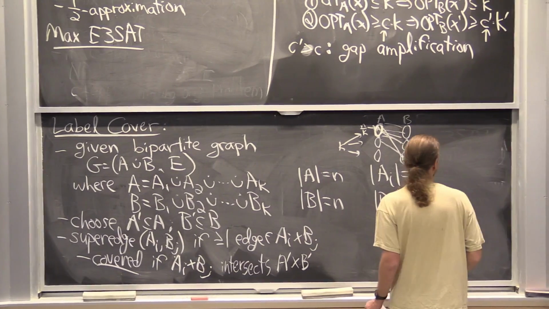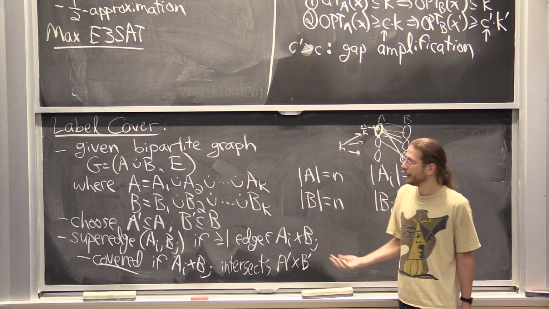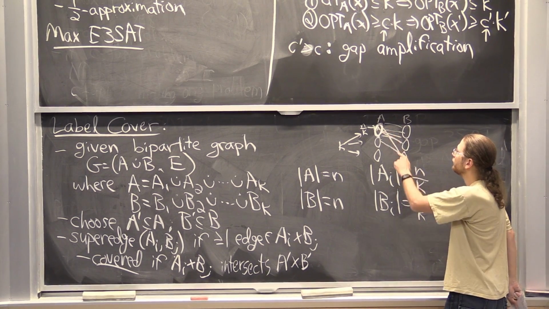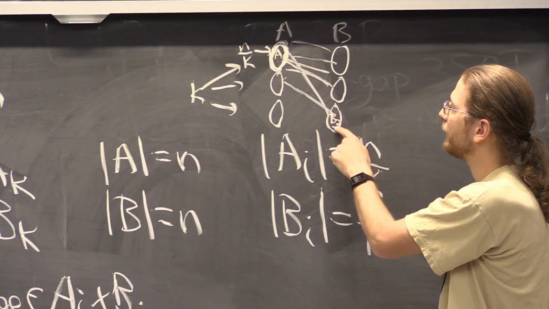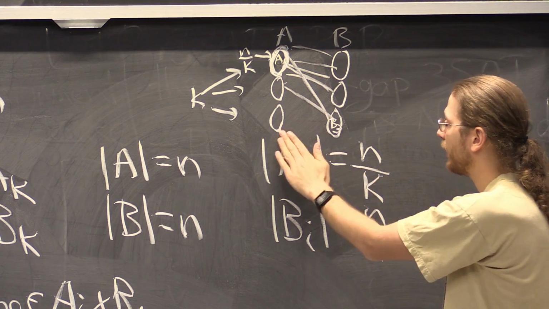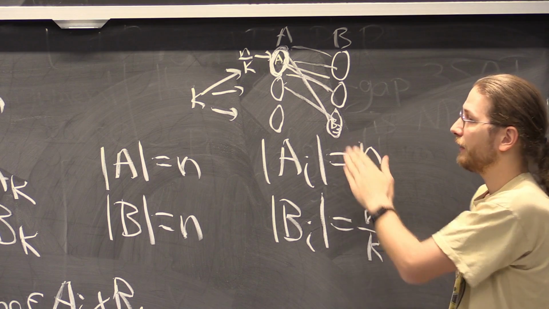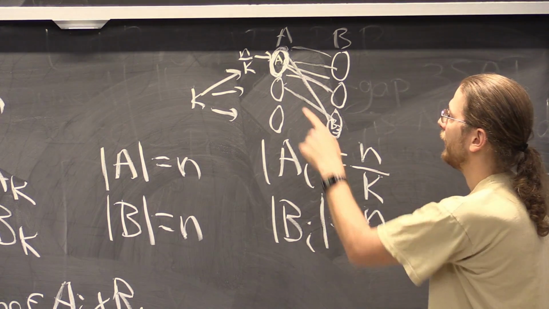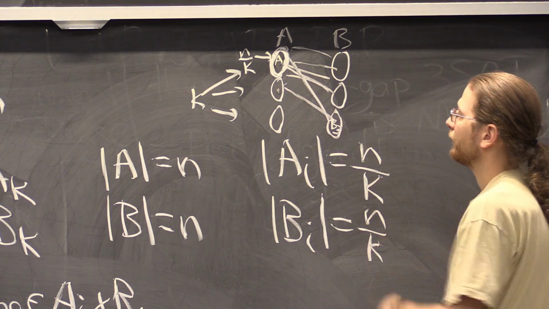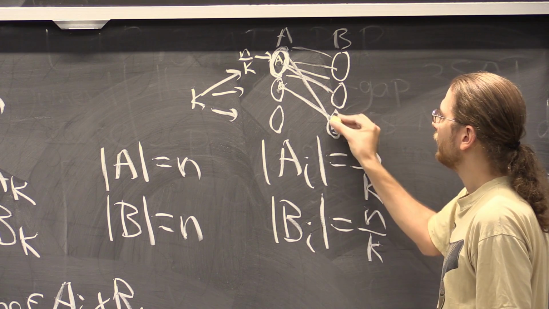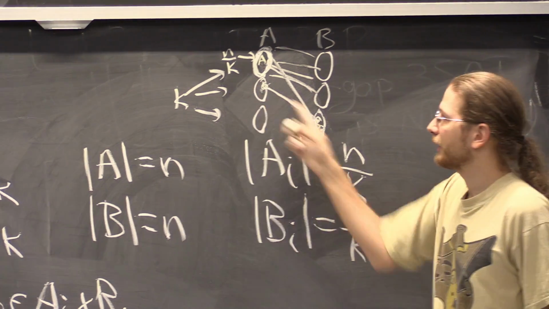And in general, I want to cover all the super edges if I can. So I would like to have a solution where if there is some edge between A1 and B3, then the set of vertices I choose, A prime and B prime, induce at least one edge from A1 to B3, and also from A2 to B3, because there is an edge that I drew here. I want ideally to choose the endpoints of that edge or some other edge that connects those two groups.